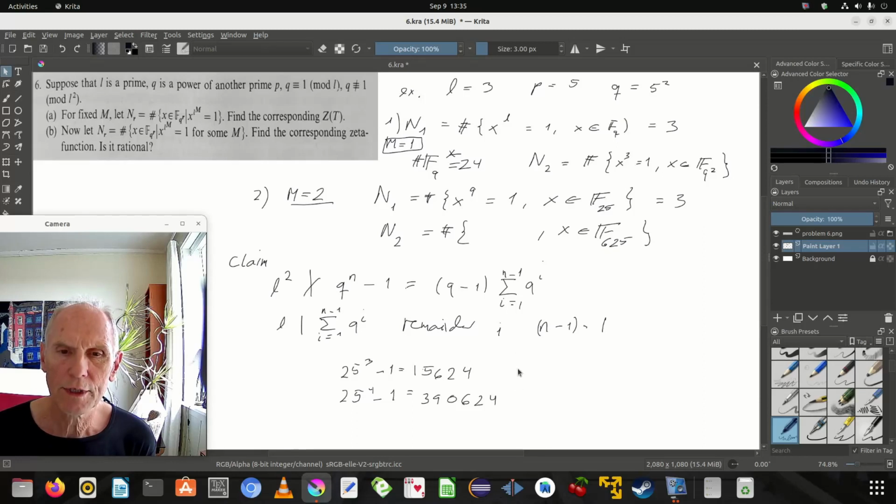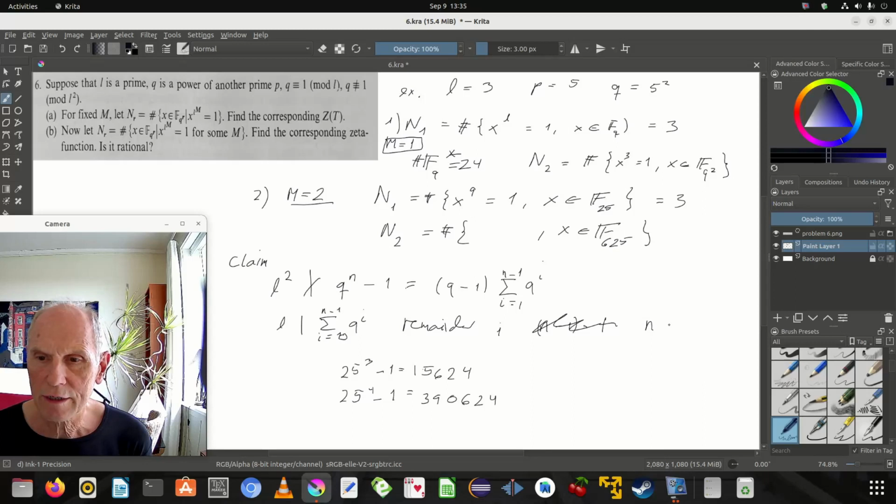No, it's 3. It's also 1. I forgot that we count from naught. And that means that we have n addends and terms in the sum.